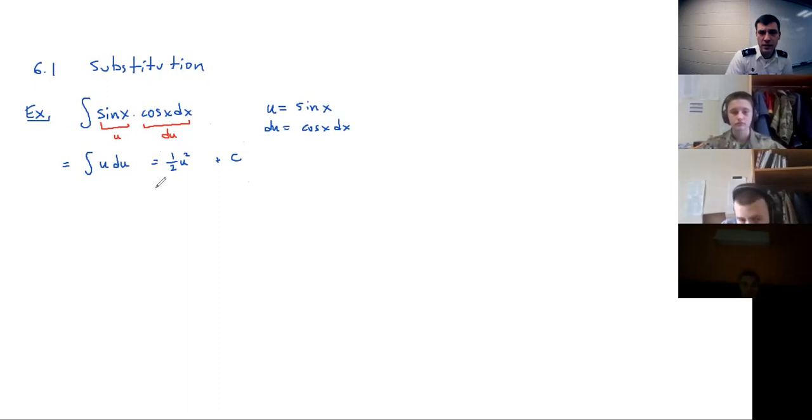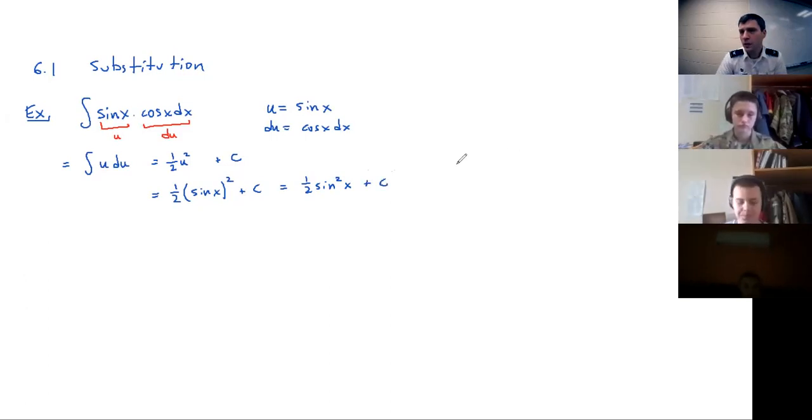And then I'm going to substitute back and get 1/2 sine of x squared plus c, right? Or I could write this as 1/2 sine squared x plus c, just to use that trig notation. All right. Everyone okay with this so far?